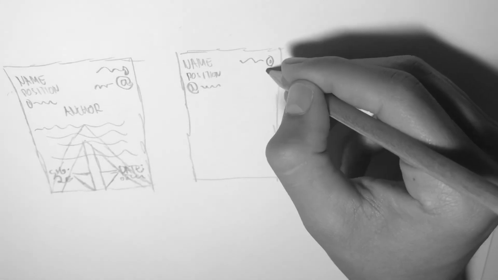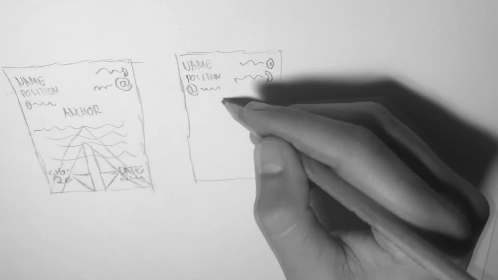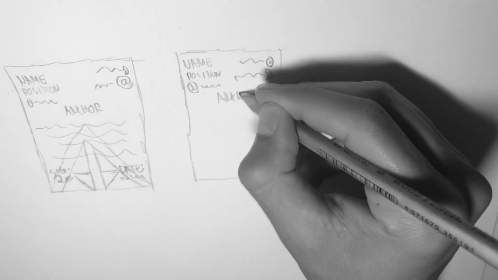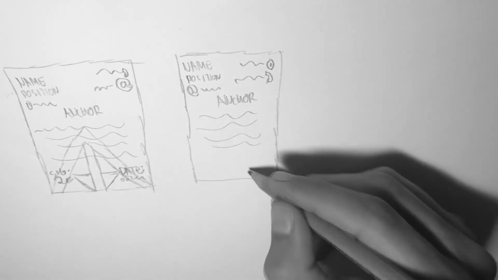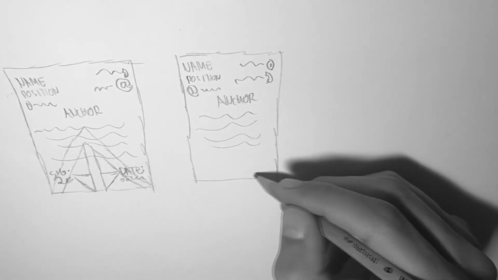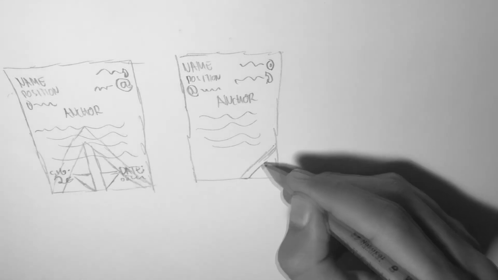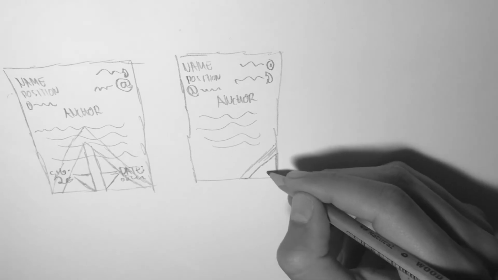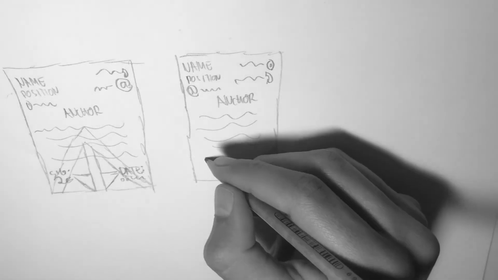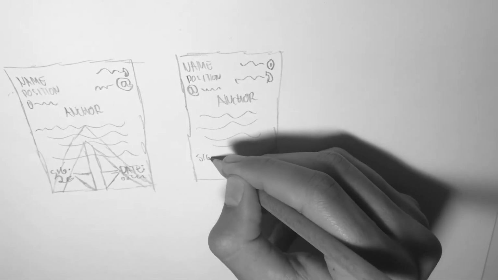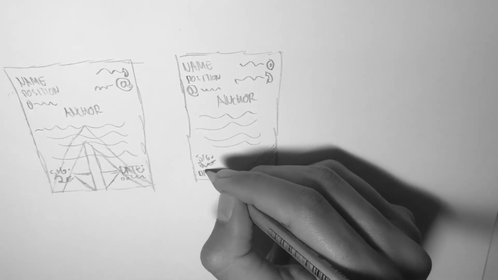We have the location, the telephone, and we have the heading, anchor, put the text, and we're gonna put half of the logo here, just like this. From here we go here and make the anchor, and we can put our signature here, and we have the date below.